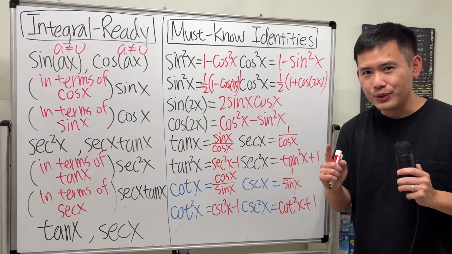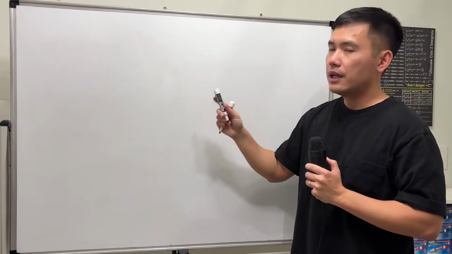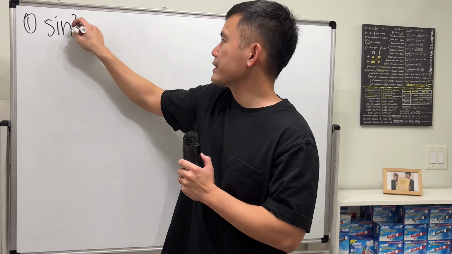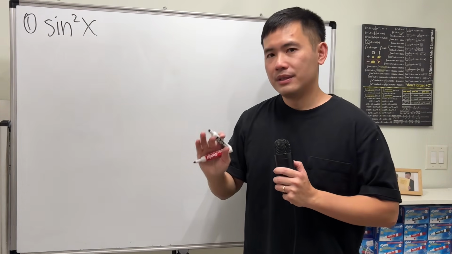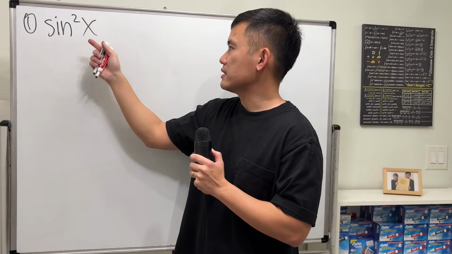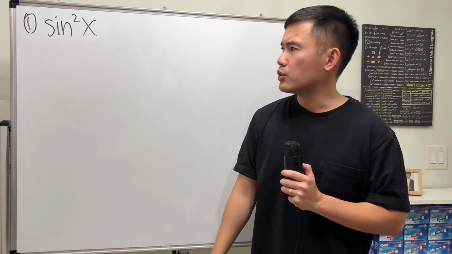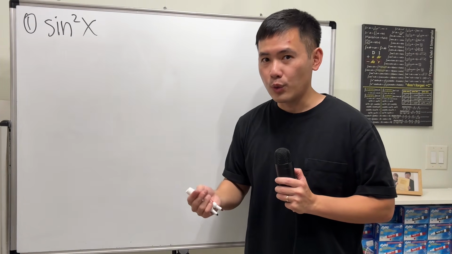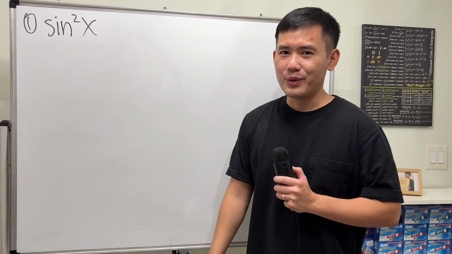Now, let's go ahead and do the 20 problems. Okay, let's look at the first one. We have sine squared x. This is not in the integral ready form because we have sine squared x and there's nothing else. So what do we do? Make sure you don't change this to 1 minus cosine squared x. That's also with a square, right?